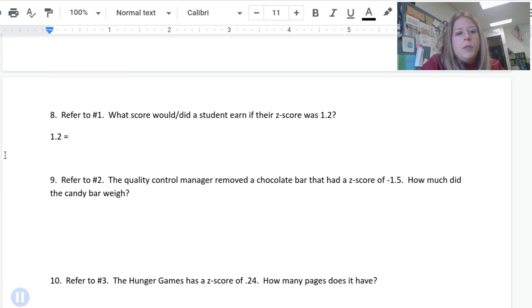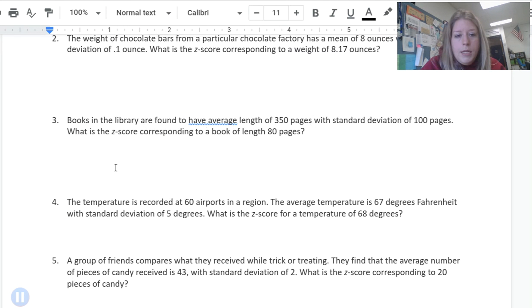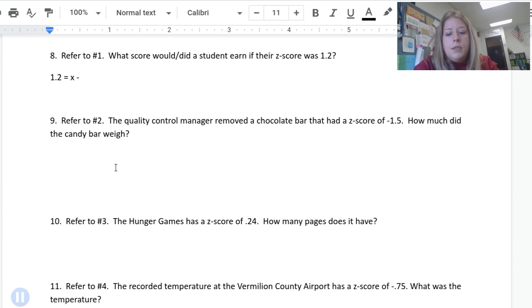So we've got 1.2 equals the x value, which is the data point, and that's what we don't know. But we do know that the mean from number 1 was 80 and the standard deviation was 6. So we're dividing that whole thing by 6. The 75 from number 1 is not in place anymore.